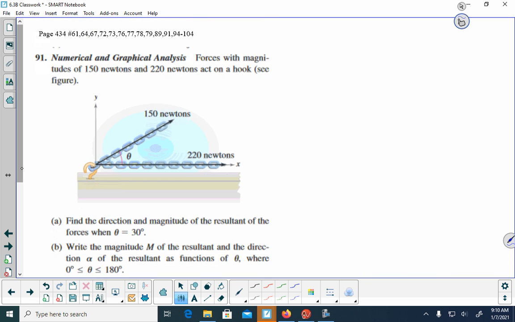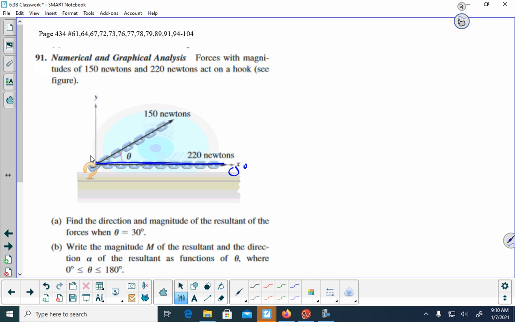All right, so they give me these newtons, and the newtons are actually magnitude, so newtons is a different way of thinking of speed. It's the force that's pulling on that line. It says find the direction and the magnitude of the resultant when the forces are 30 degrees apart. This angle here, since it's straight on the horizontal, is going to be 0 degrees for my trig angle.